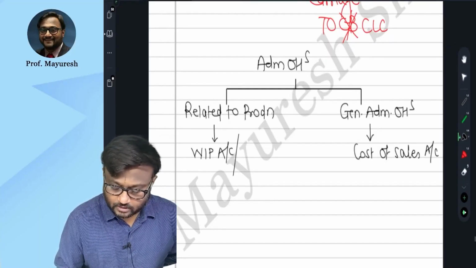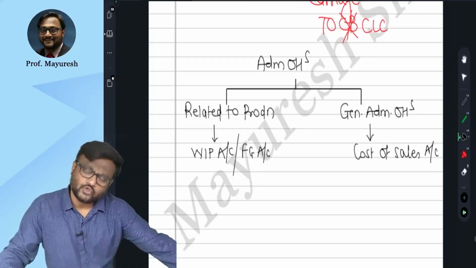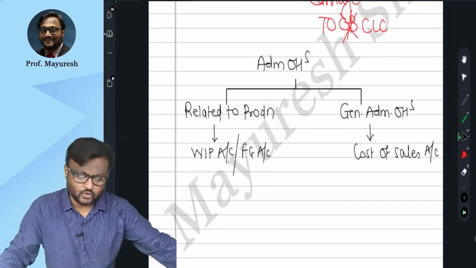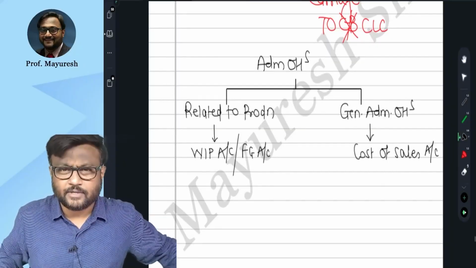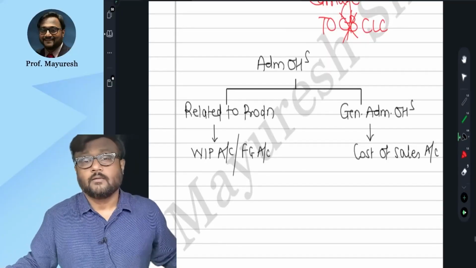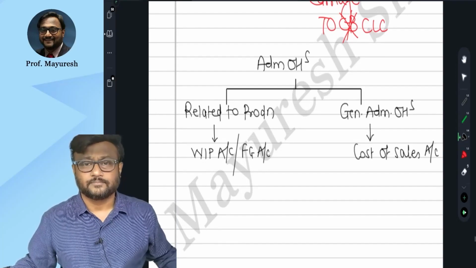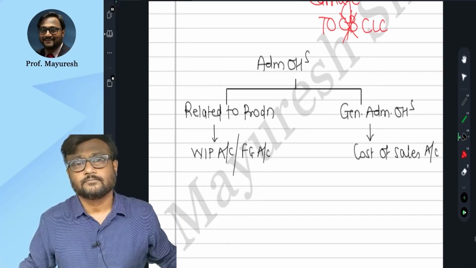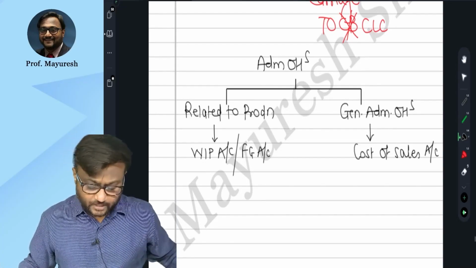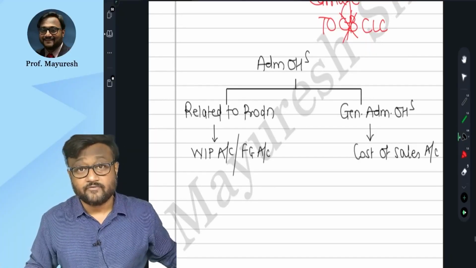Some books are transferring it to finished goods also. ICAI has also done that. CMA has also done that. They have not accepted what is happening right now. That is fine, that is their lookout. So that is the reason why they have stopped asking questions on admin overheads related to production. Okay, so ideally admin should go to WIP if it is part of production.